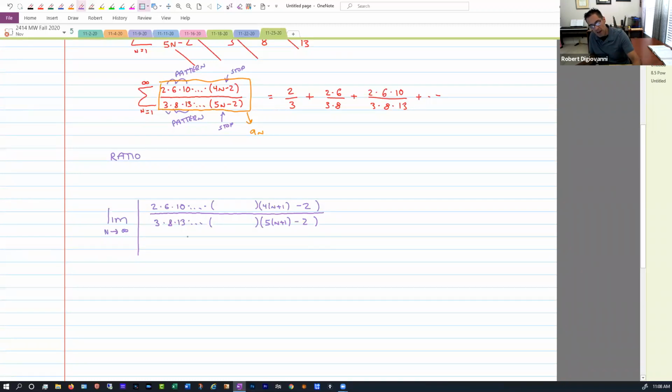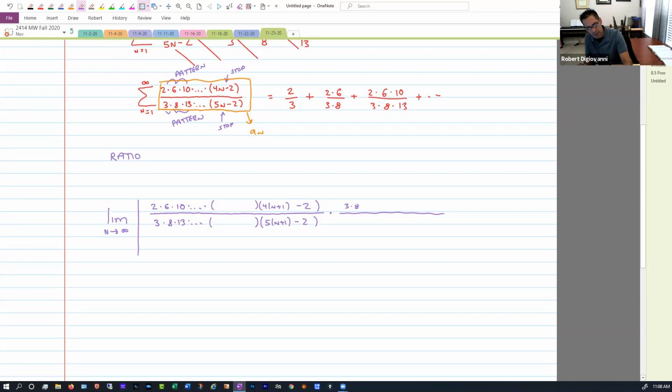Now I need to divide that, right? Now don't write this down. I need to divide this by just a sub n, right? But every time you run the ratio test, you're going to be dividing a fraction by another fraction. So I'm just going to get into the habit of not even doing the division. I'm going to do multiplication of the reciprocal instead, just to save myself a step. So I'm going to rewrite a sub n, but flipped over.